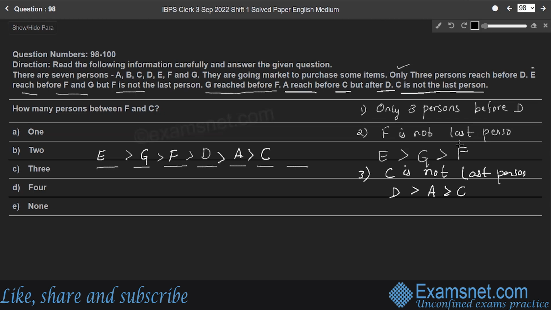It is not given according to the given information. Among the 7 members A, B, C, D, E, F and G, B is the remaining person. Therefore, B reaches at last. The question is, how many persons are between F and C? Between F and C there are 2 persons, D and A. Therefore, option B is the right answer.